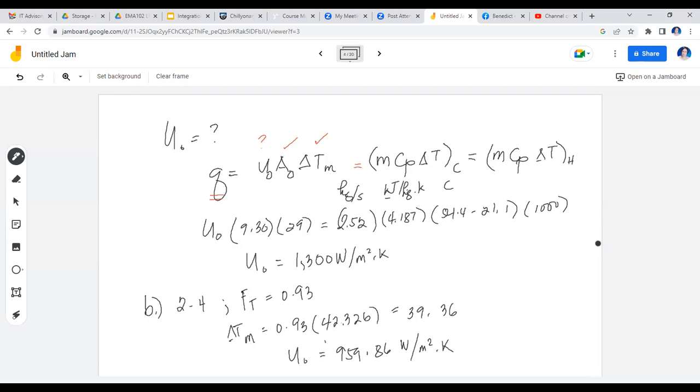So kindly check my value for your Q. Your U sub O is 959.86 watt per square meter Kelvin. Is that correct?